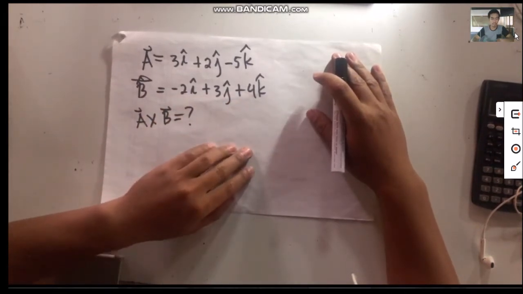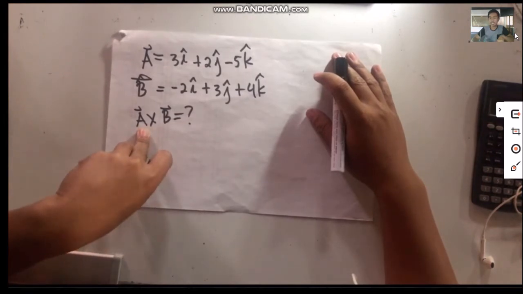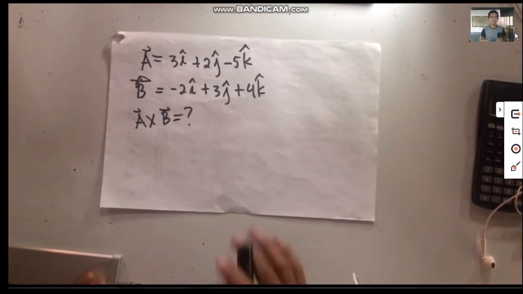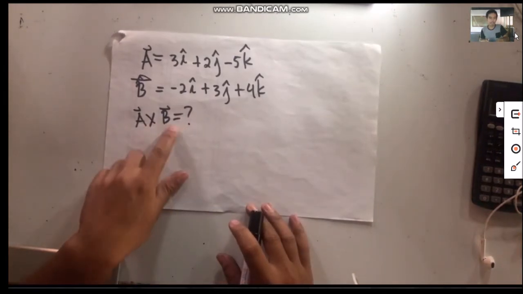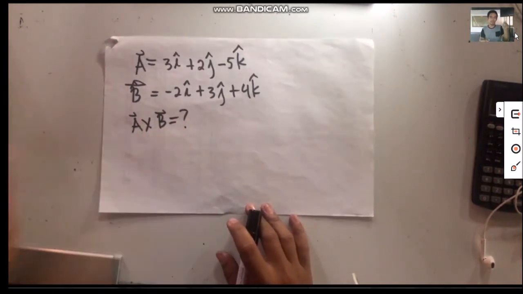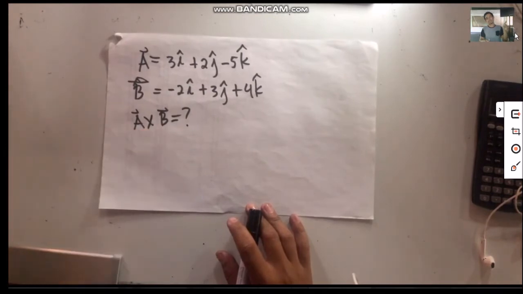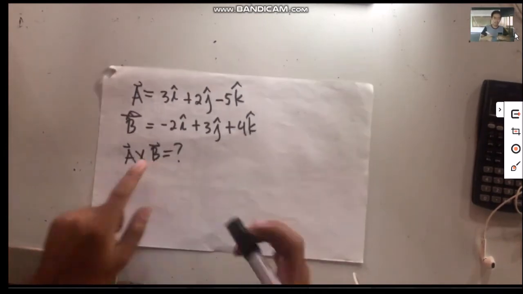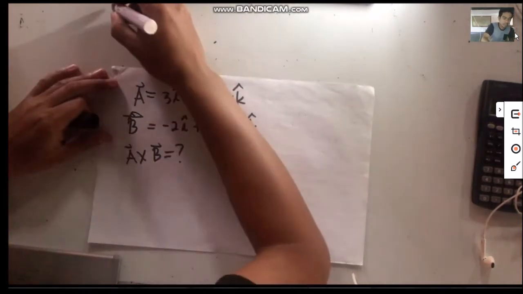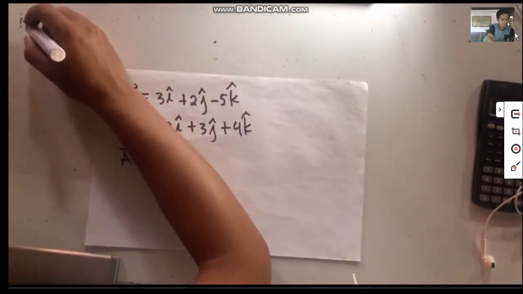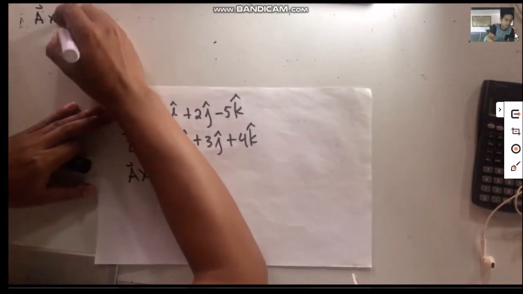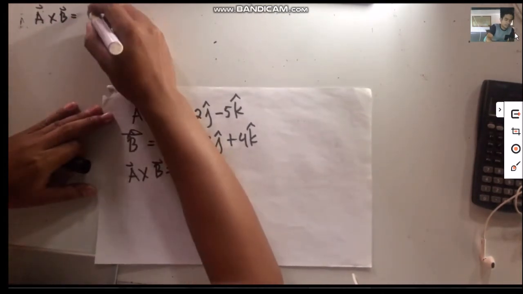And then we will look for vector A cross vector B. The product of these two vectors must be perpendicular to vector A and perpendicular to vector B. So what is vector A cross vector B?